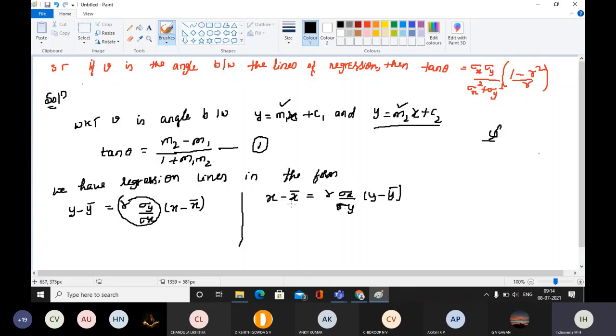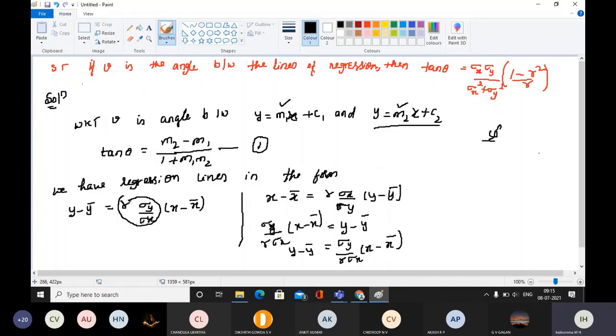For that, cross multiply to get y minus y bar is equal to sigma x divided by sigma y divided by r into sigma x, into x minus x bar, or we can write this as y minus y bar is equal to sigma y divided by r into sigma x into x minus x bar.